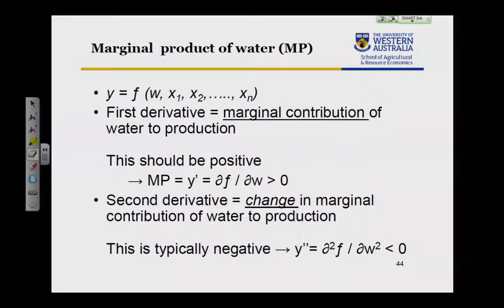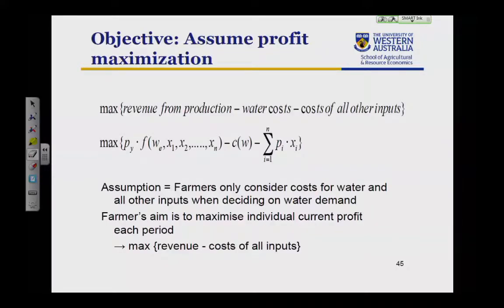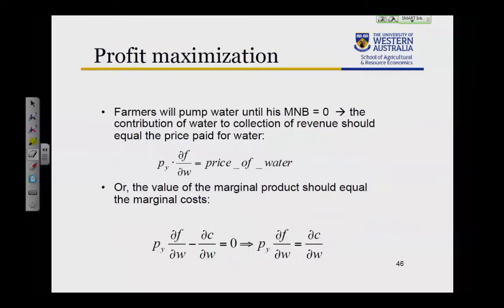So if we do that and maximize profit, we can find out what the optimal water demand is, as we were doing before. And at the end of the day, what's going to happen is we are going to use water such that the value of water to us as a producer, which is the marginal product times price, is going to be equal to the cost of water.